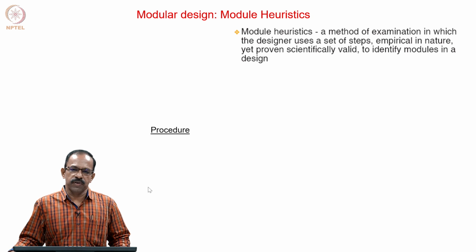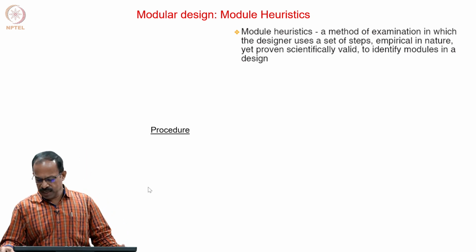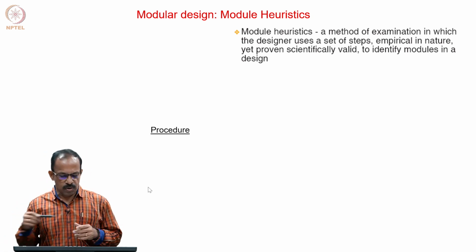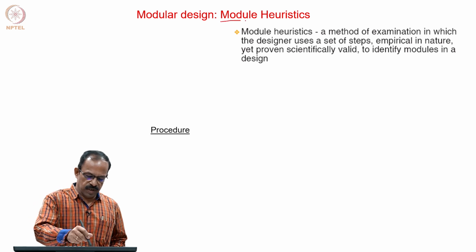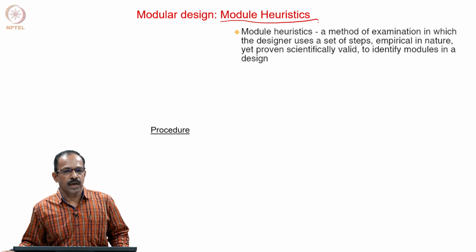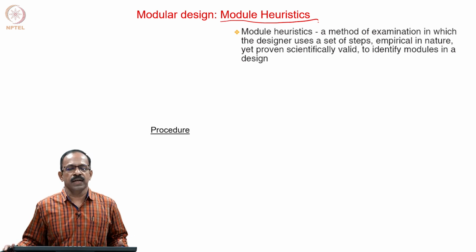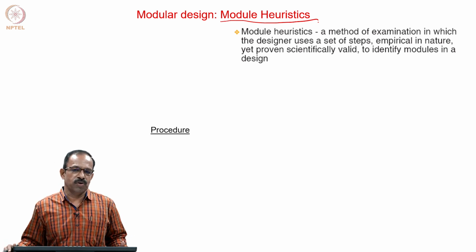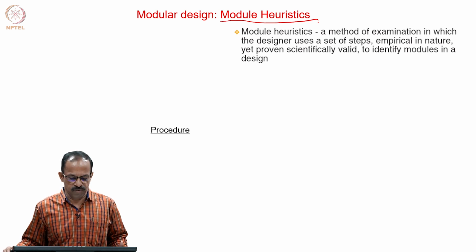And therefore, we go for another method which we call the heuristics based approach or module heuristics. So, we use some heuristics to identify the possible modules and then combine some of these modules depending on what we are finally looking for.